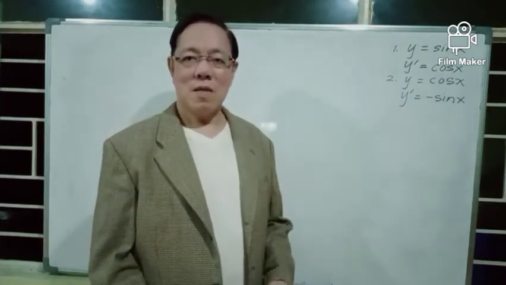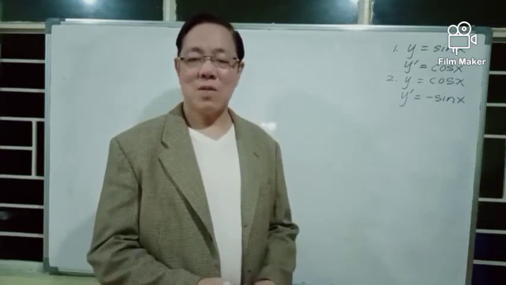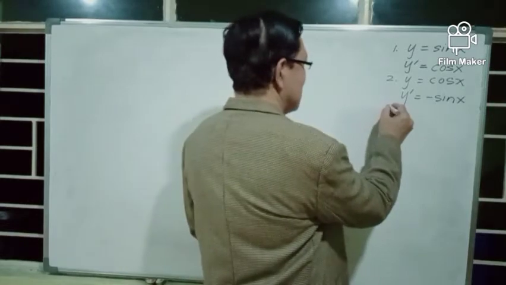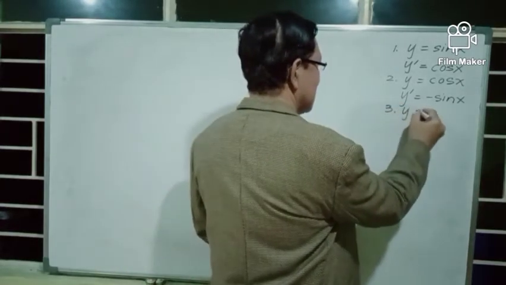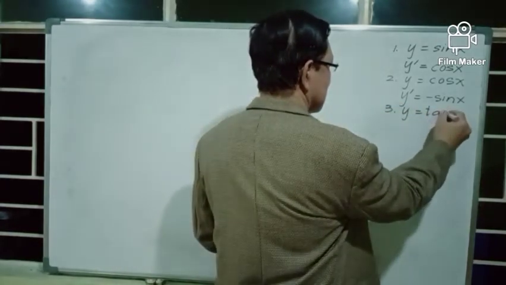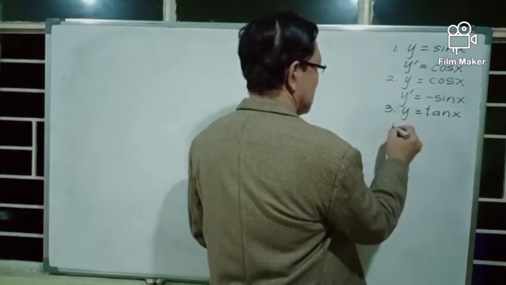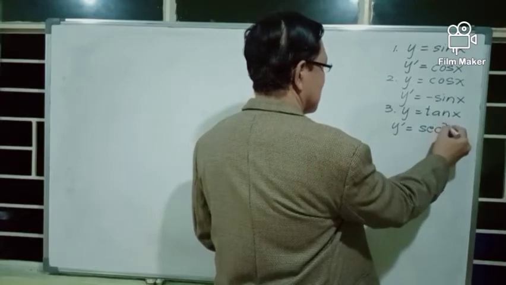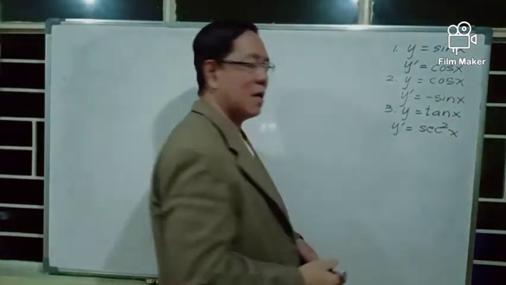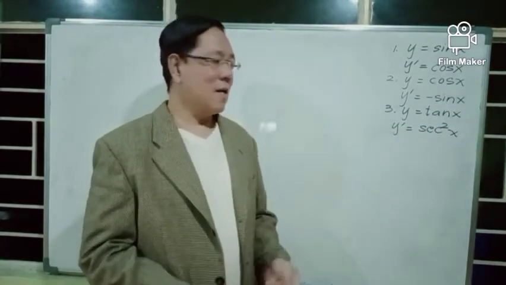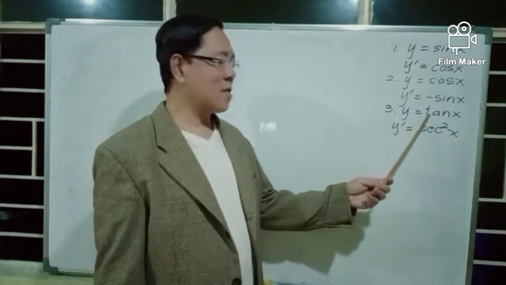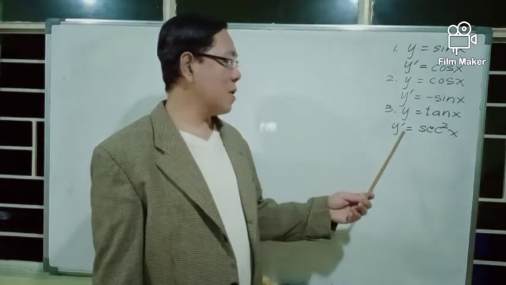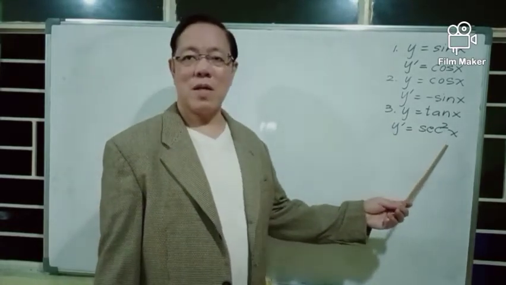Next, the third of the 6 basic trigonometric functions is tangent x. If y equals tangent x, the derivative of tangent is secant squared x. Again, if the function y is tangent x, the derivative of y denoted by y prime equals secant squared x.